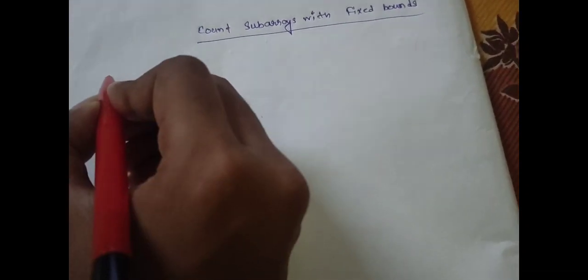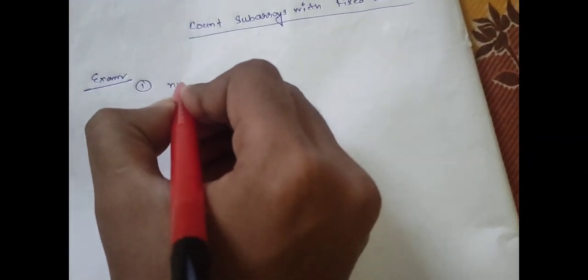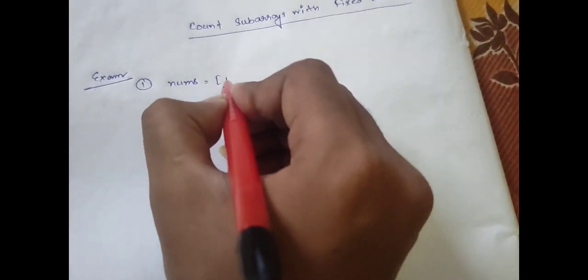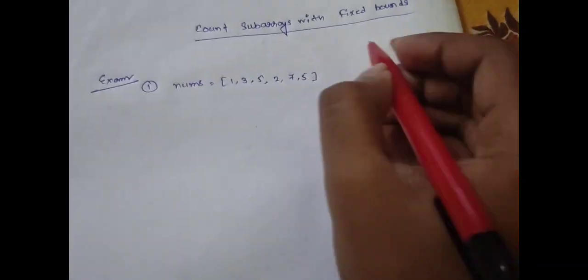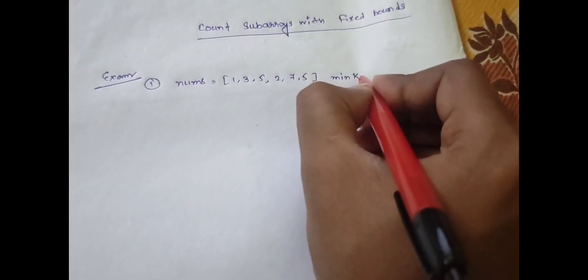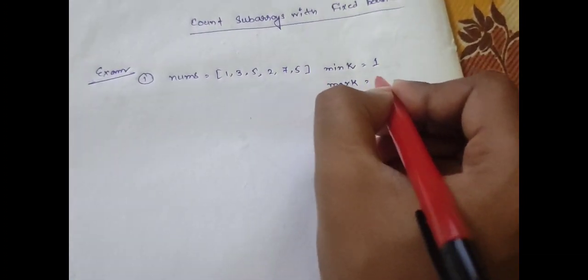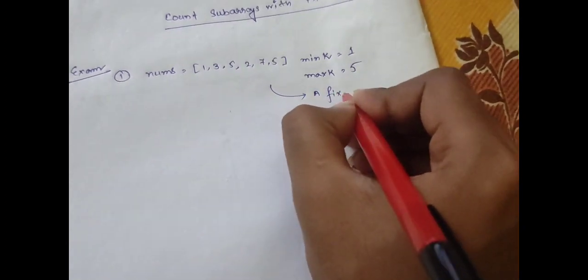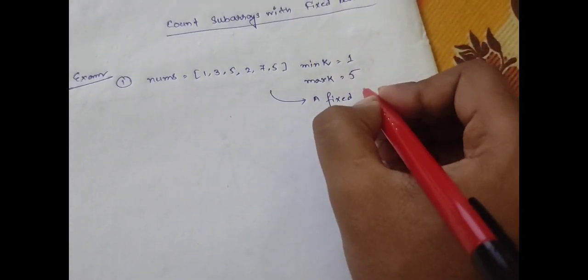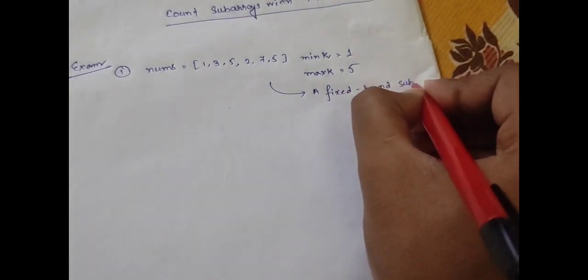The example is nums equals 1 3 5 2 7 5, and minK is 1 and maxK is 5. That is what they have given us, and we have to return the fixed bound subarrays.